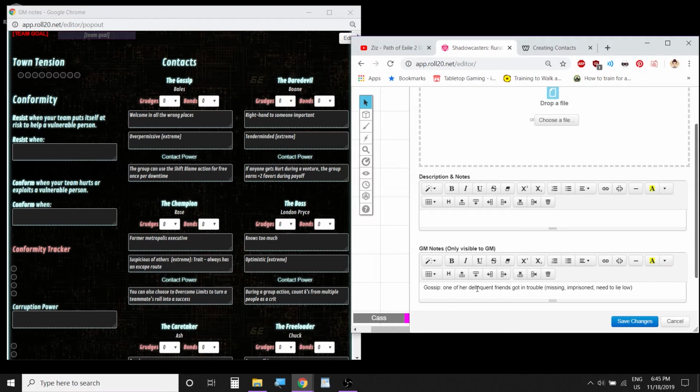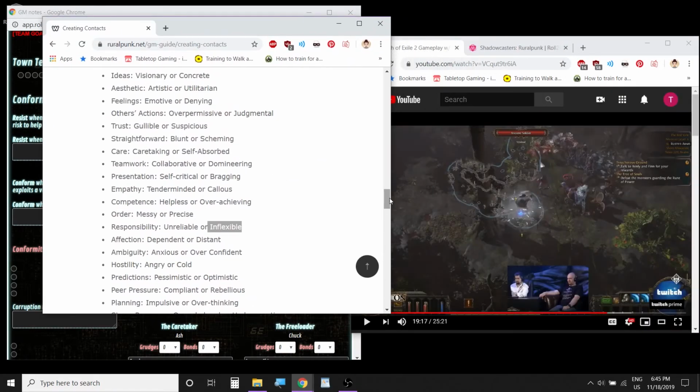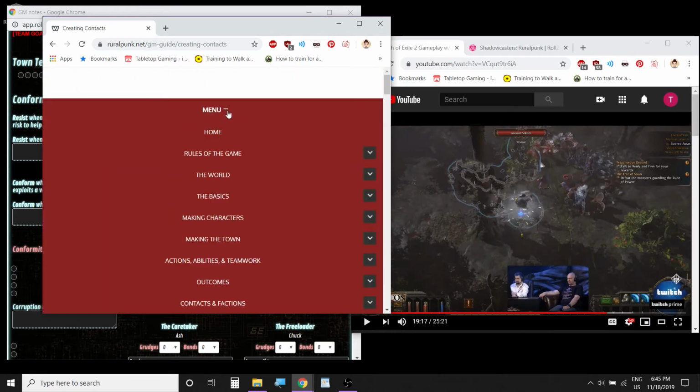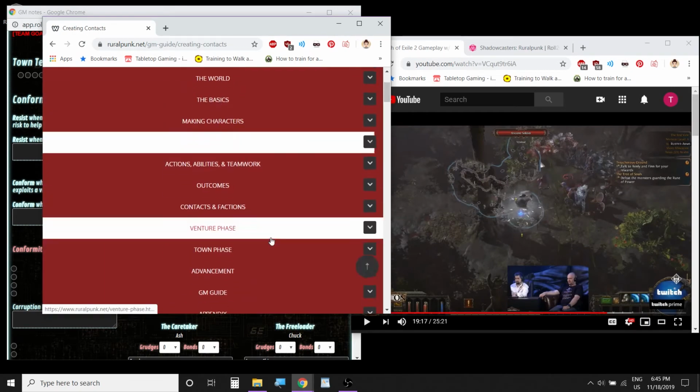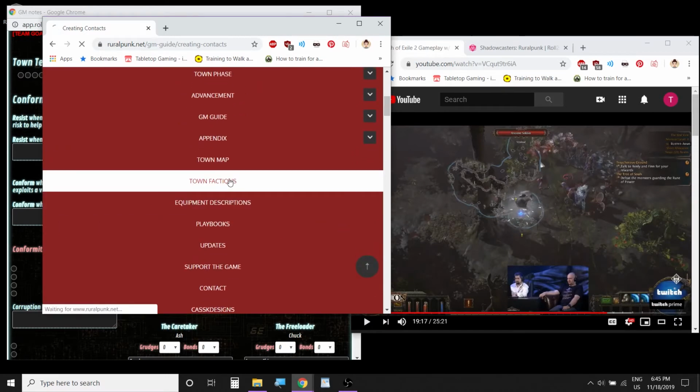But the main thing is one of her friends got into trouble. And I think if we jump over to factions, let's go up. We can see that I think it's going to be in the appendix. We have town factions.